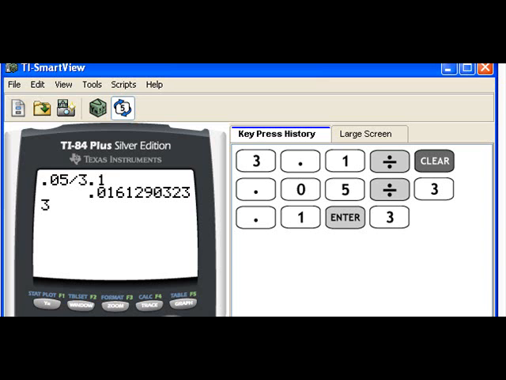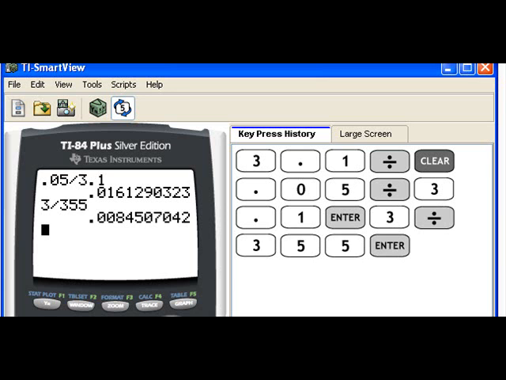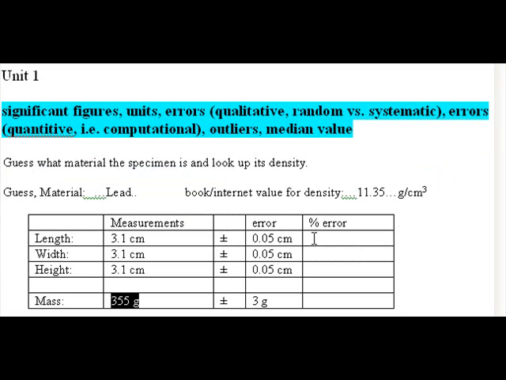And then it's 3 grams divided by 355 grams. And I come up with 0.8%. So that's what I have, 1.6%, again and again, just because I have a cube. Notice that technically I should write the unit, which is percent, behind, but I already have written that on the top, and that's why I don't have to write it again.